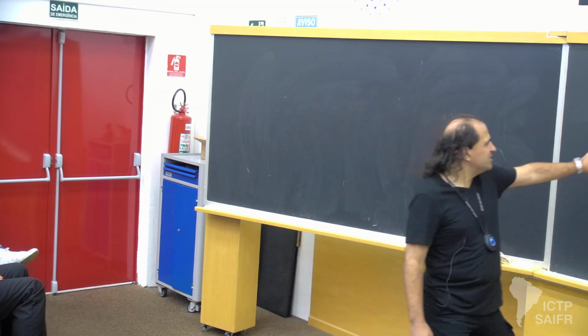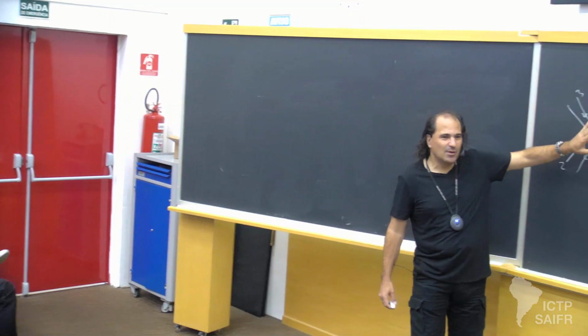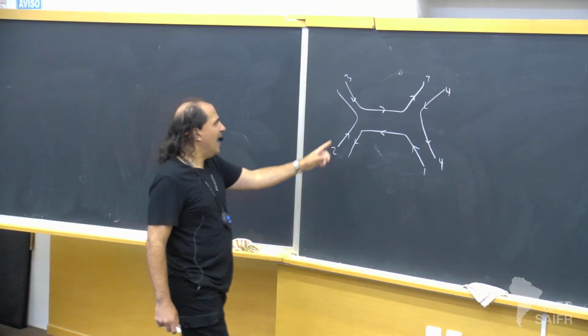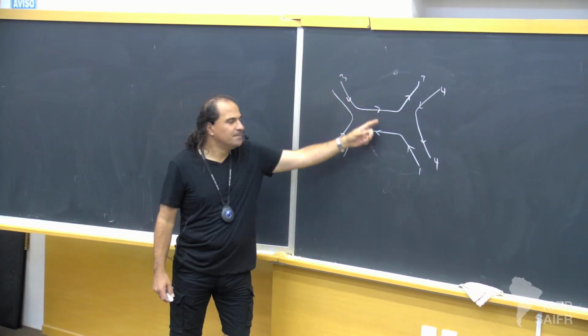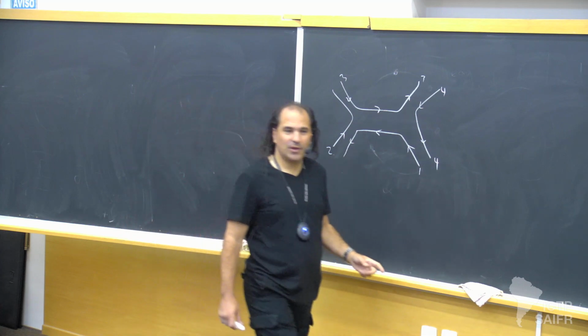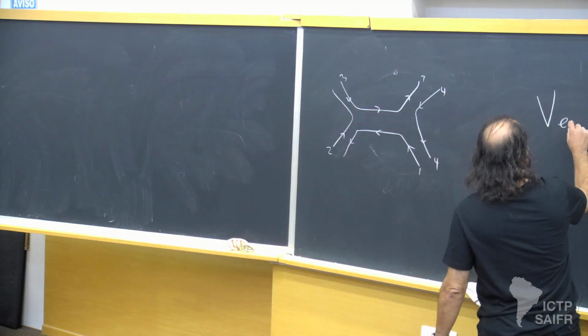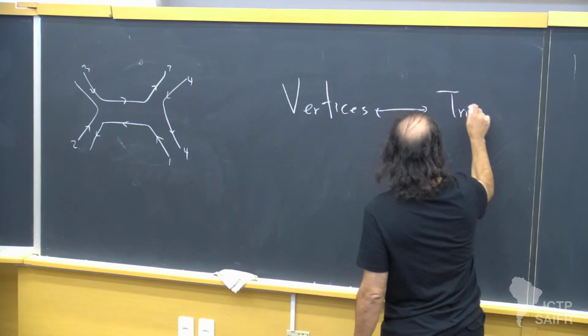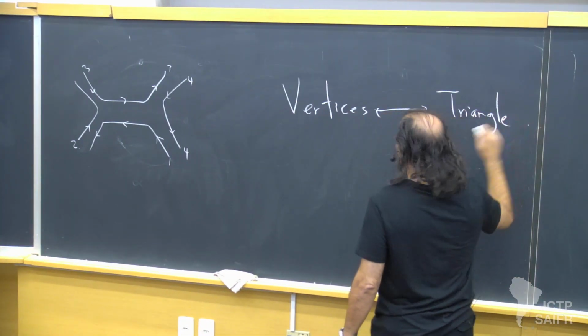Okay, but anyway, I want to say the single diagram defines a surface. Now, how does it define a surface? Every vertex defines a triangle. Okay, the vertices of the diagram define a triangle. That makes sense, right?